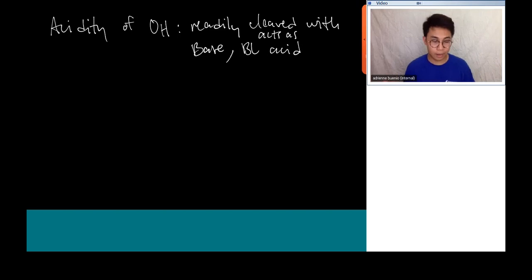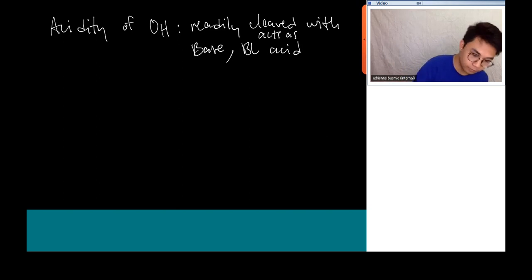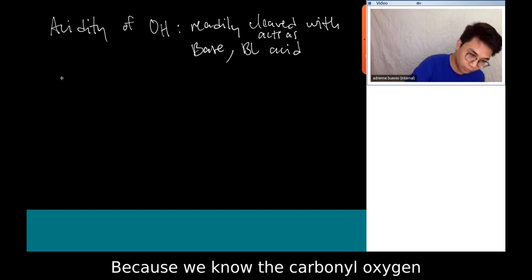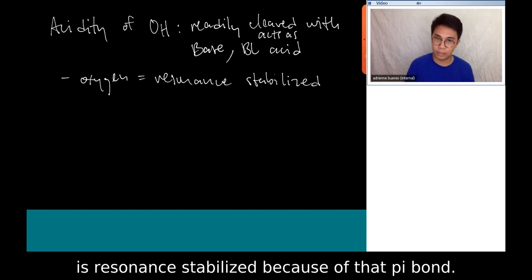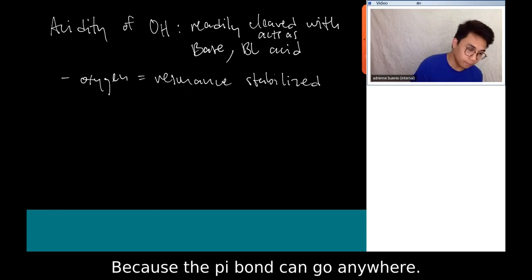Okay. So now why, right? Because we know the carbonyl oxygen is resonance stabilized, right? Because of that pi bond, because the pi bond can go anywhere.